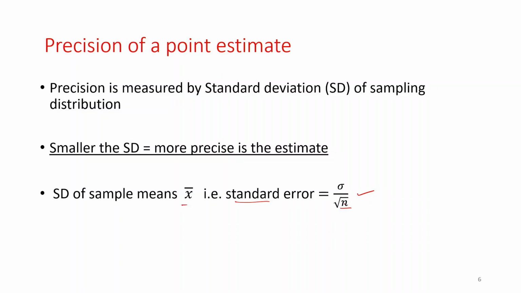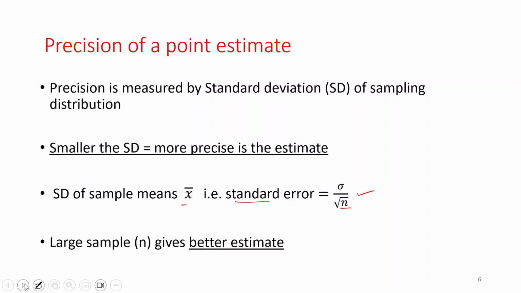In the standard error formula, n is coming at the bottom. n is the sample size. Therefore, the error will be less and less if n is more and more. That means large samples will give you a better estimate, because standard error is going to reduce. As n increases, standard error is going to decrease.